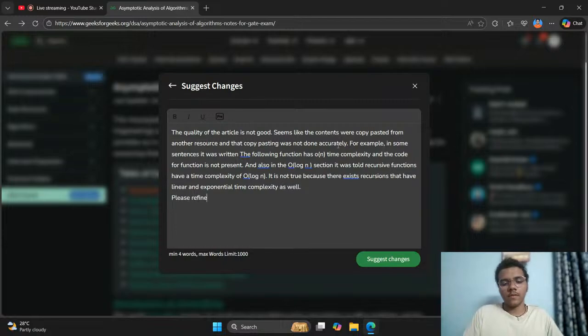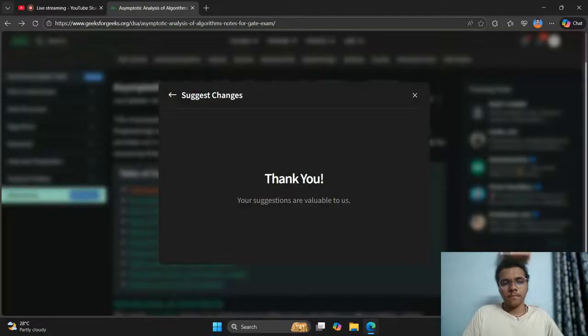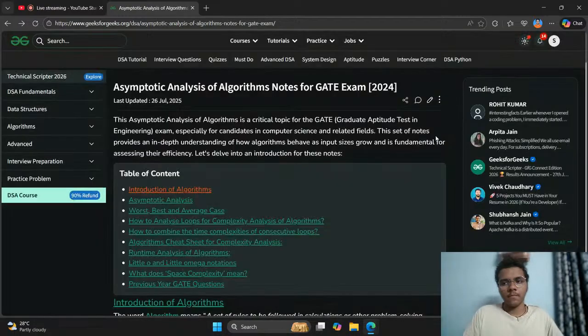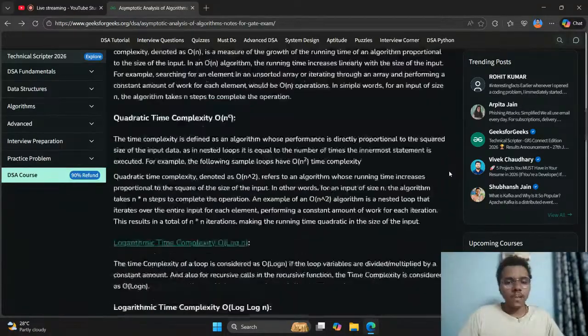Please define the change in the article since it plays a significant role in the understanding of algorithms. I don't know if anyone's going to read that or not, but I should do it.